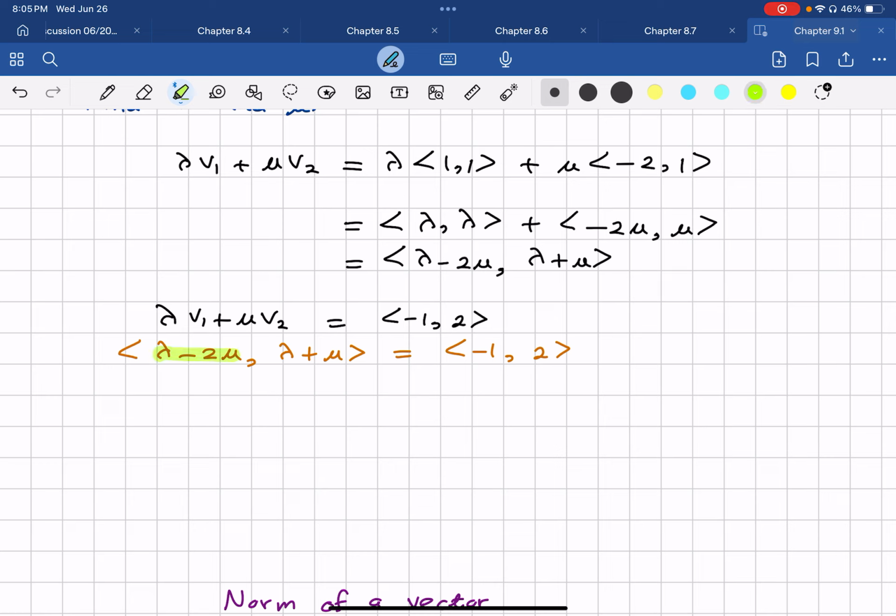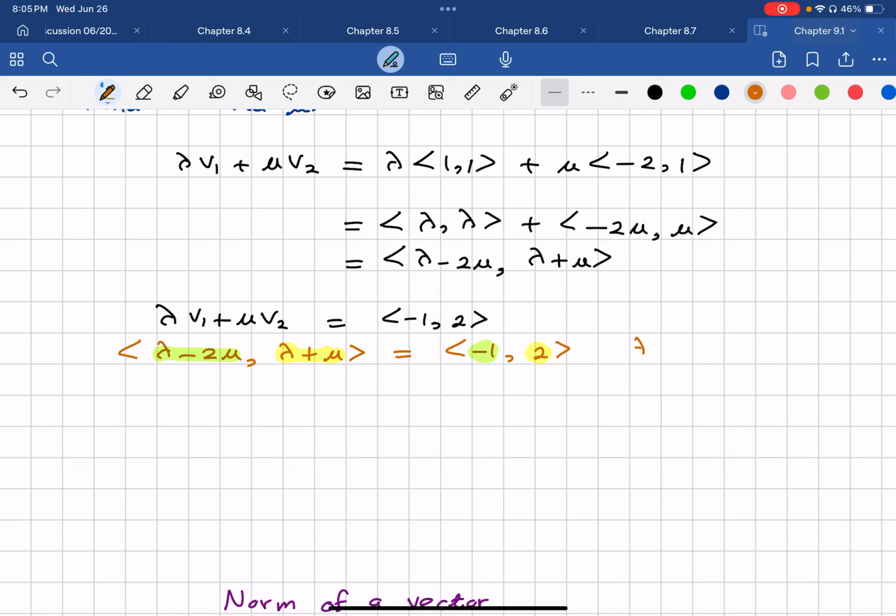Next, I can equate x components. On my left hand side, my x component is lambda minus 2 mu. And on my right hand side, my x component is -1. Similarly, on my left hand side, my y component is lambda plus mu, and on my right hand side, my y component is 2. So if I equate them, I have two equations.